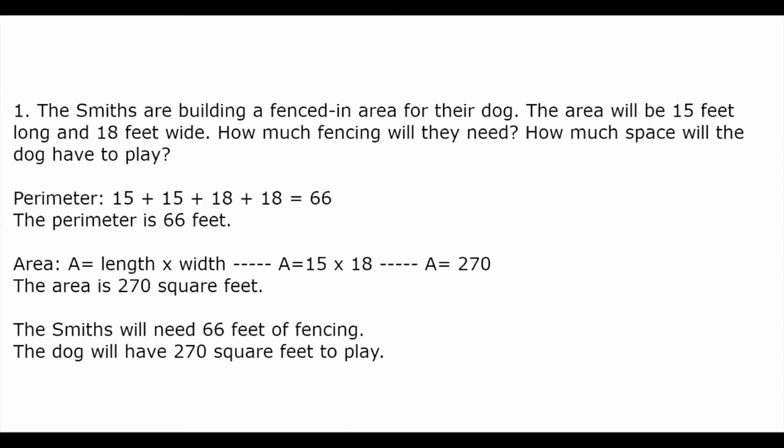Basically, that is just asking you to find the area. Area is length times width in a rectangle, so it would be 15 times 18, and the area is 270 square feet. So the Smiths will need 66 feet of fencing, and the dog will have 270 square feet to play.